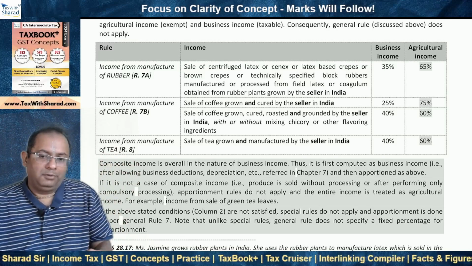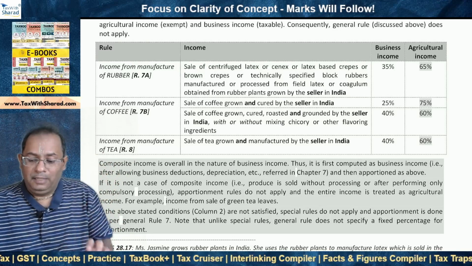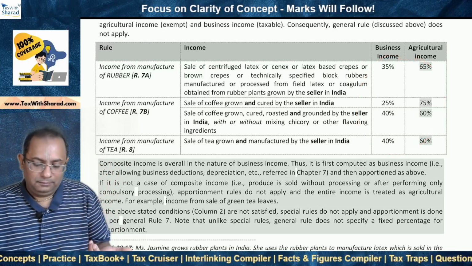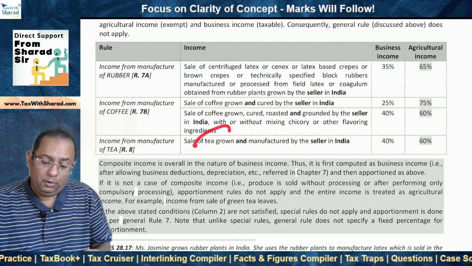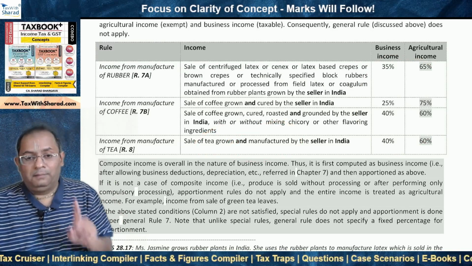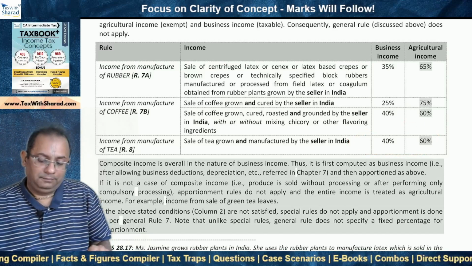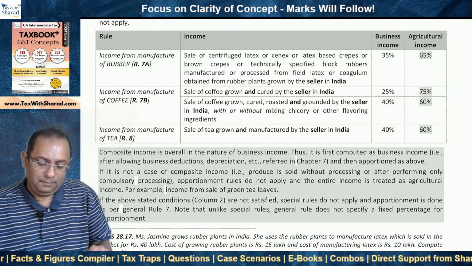So this will not be composite income, and the entire income will then be treated as exempt agricultural income, and these percentages will not be relevant. But when you not only grow the tea but also manufacture tea, then composite income will arise, and then you need to apply 40-60%.